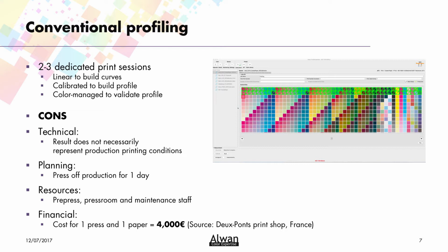And the cost of this operation, calculated by one of our beta sites where we compared conventional and Hydra profiling recently, came up with a 4,000 euro figure, which was the cost of profiling their press with one paper. So a profiling operation which is long, tedious, and costly, with a result that is not always the best result that can be obtained.